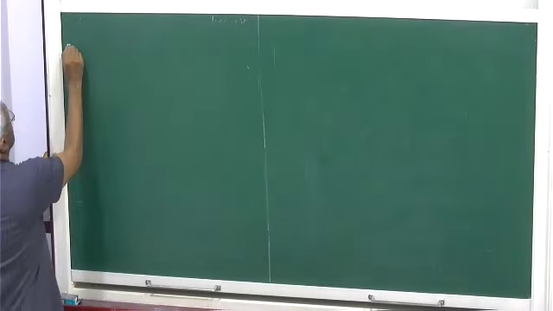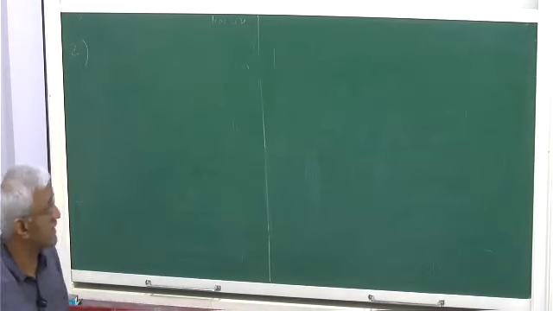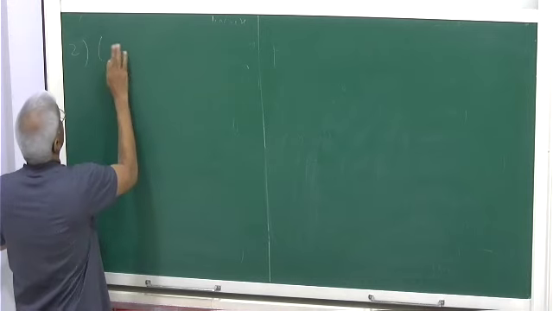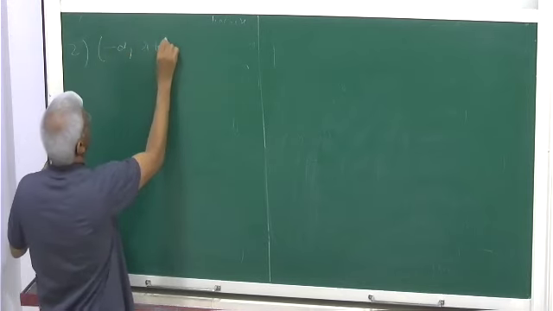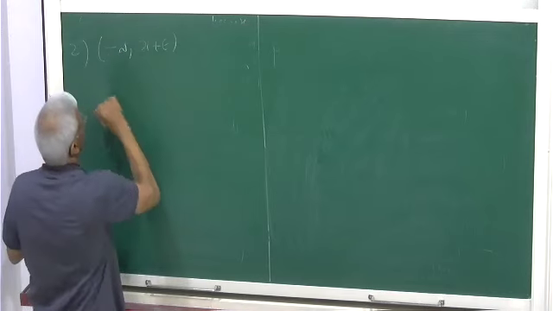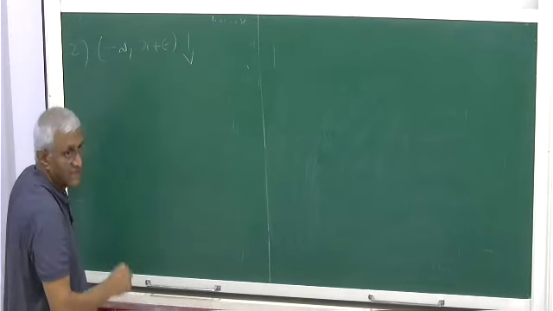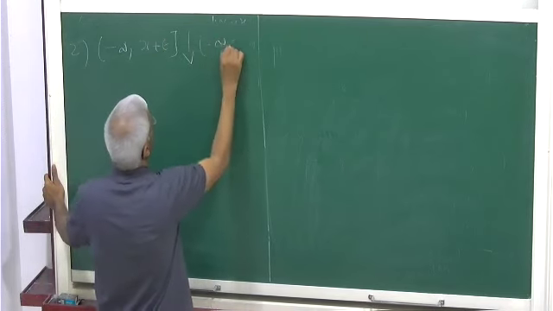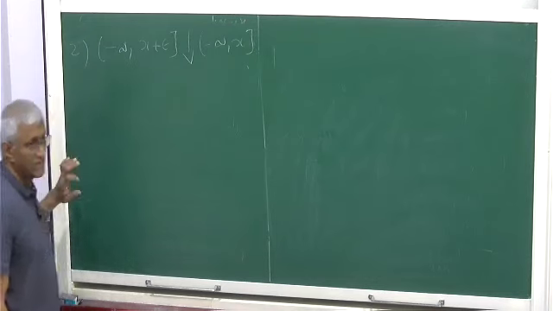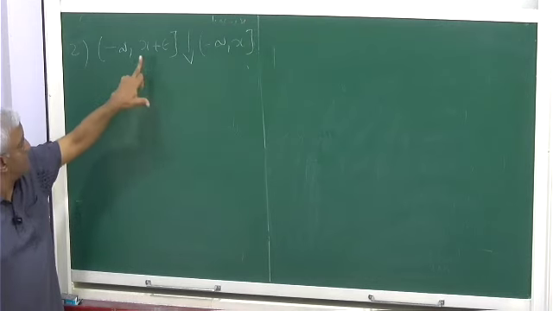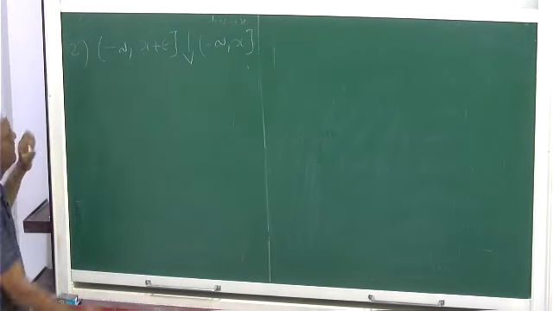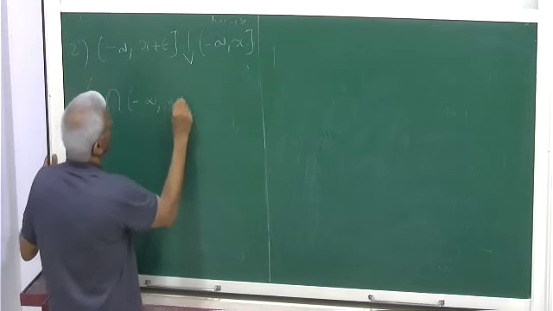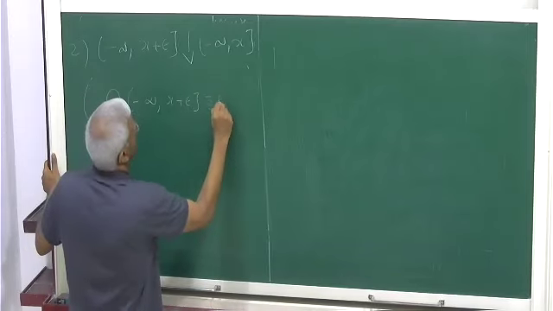Then the second one, the sets (-∞, x plus epsilon]: if you take these sets, they will decrease to (-∞, x]. You should be careful with this. (-∞, x plus epsilon] will always include x. If you take the intersection, the intersection of (-∞, x plus epsilon] equals (-∞, x].